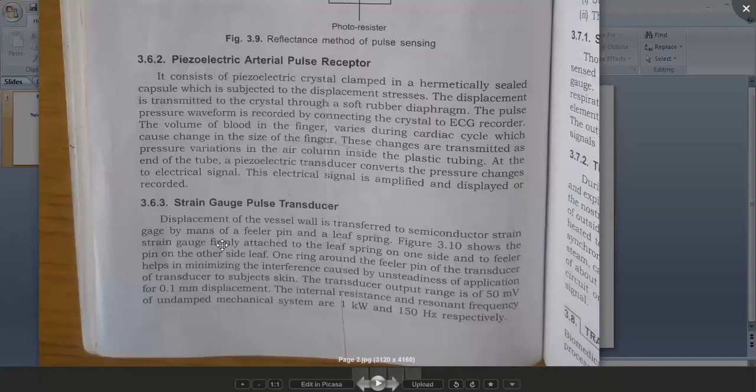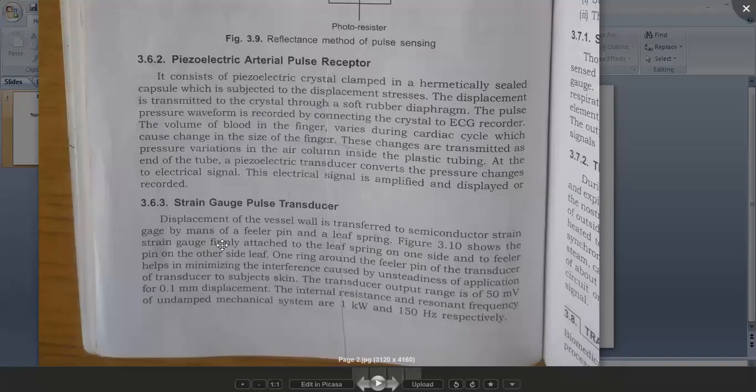Those pressure variations will be sensed by the piezoelectric crystal through a rubber diaphragm, and it converts them into electrical form.